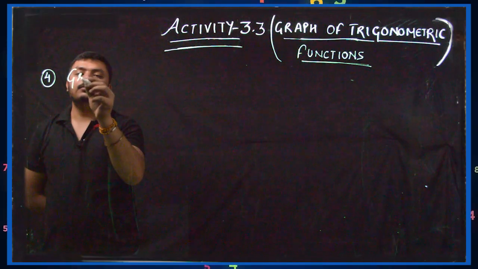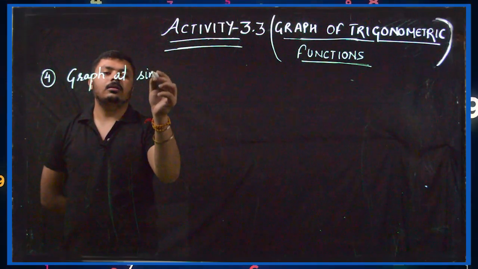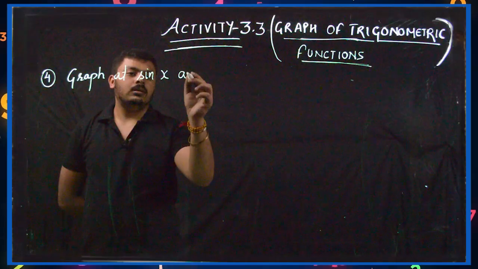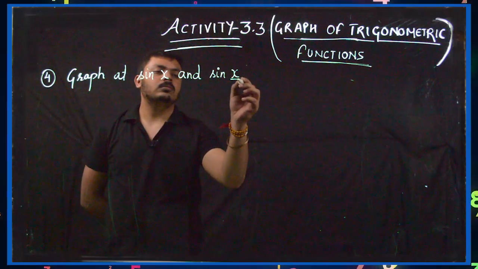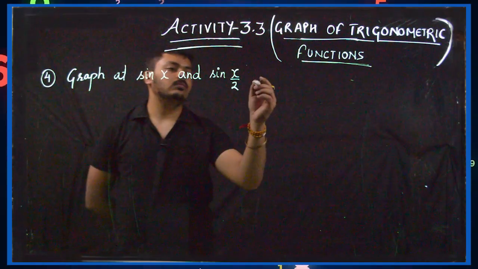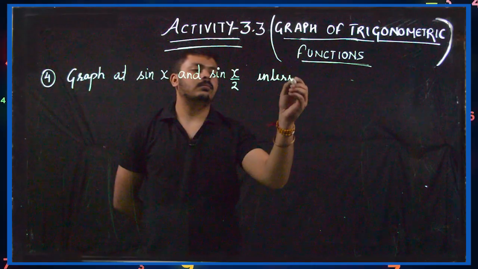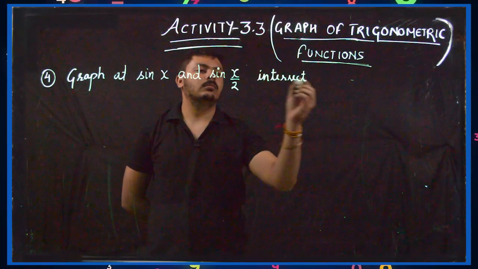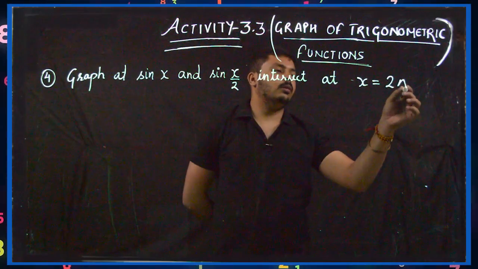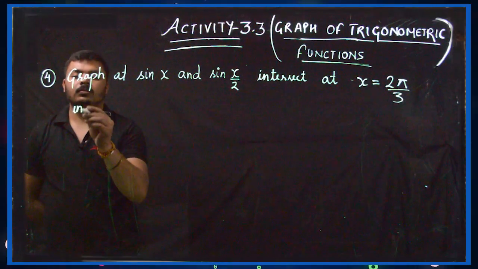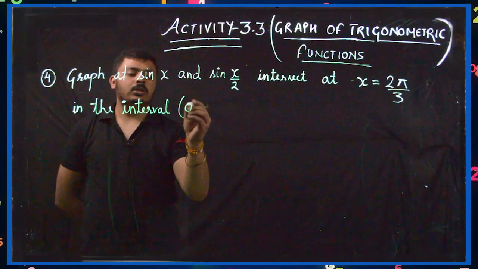So students, graphs of sin x and sin x by 2 intersect at x equals to 2 pi by 3 in the interval 0 to pi.